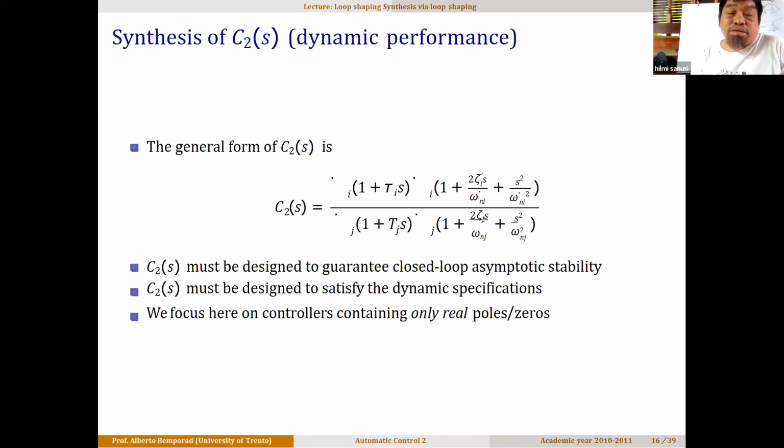So the dynamic part is designed to guarantee the closed loop asymptotic transfer function is stable, and then C2 must be designed to satisfy the dynamic specification. So we focus on the controller that containing only real poles and zeros, no imaginary.